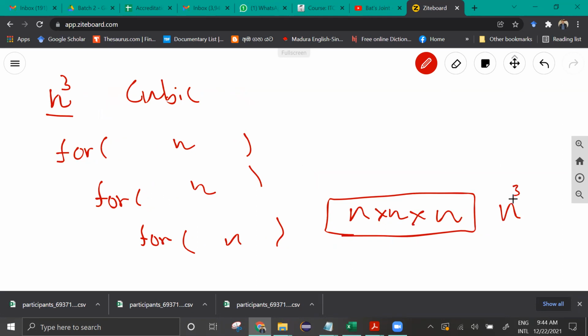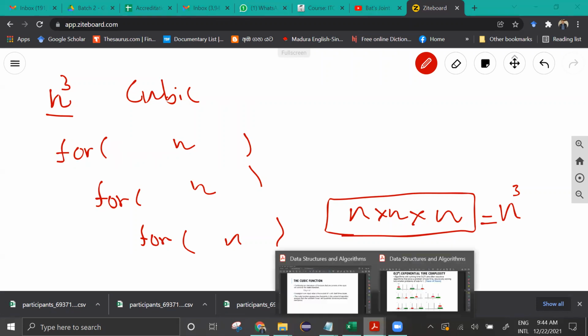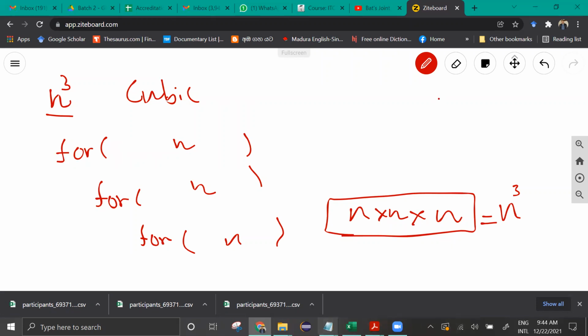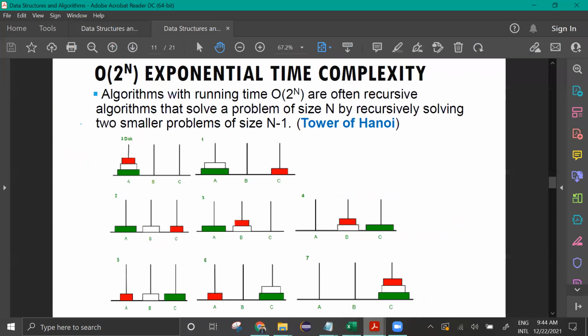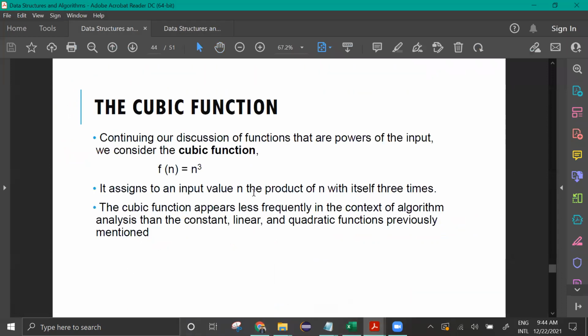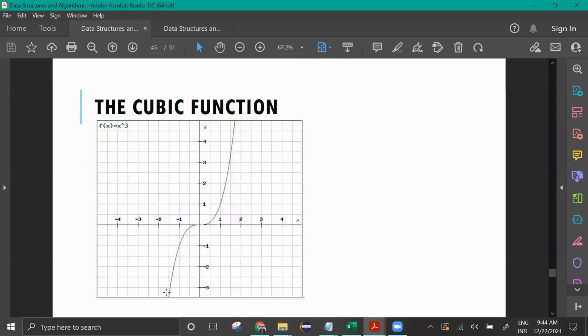Sorry, n cube. So the cubic function is something like this. It is more rapid than quadratic.